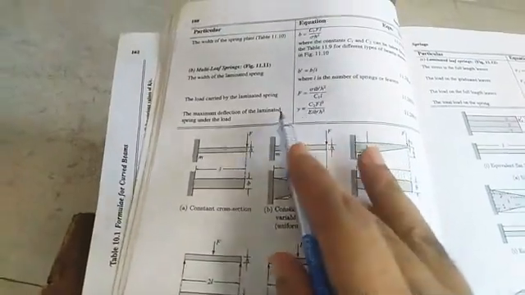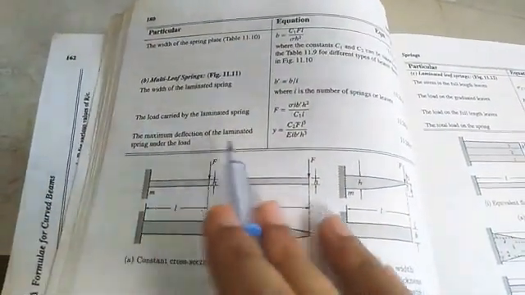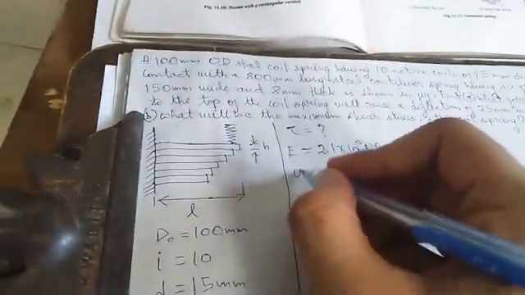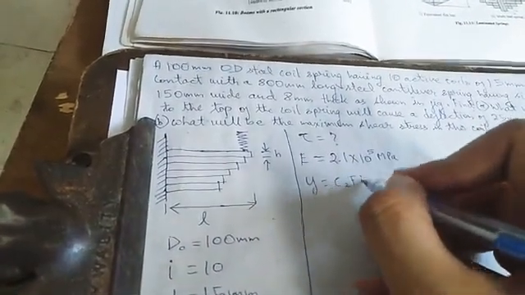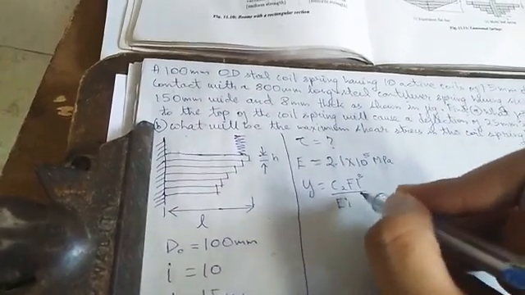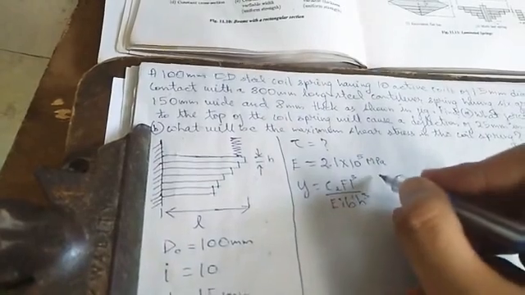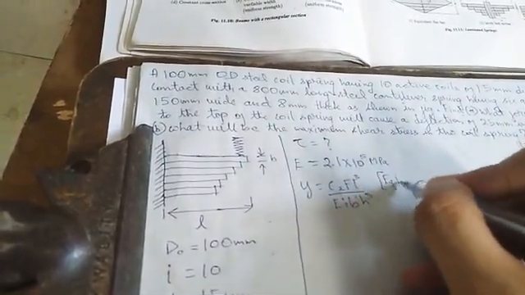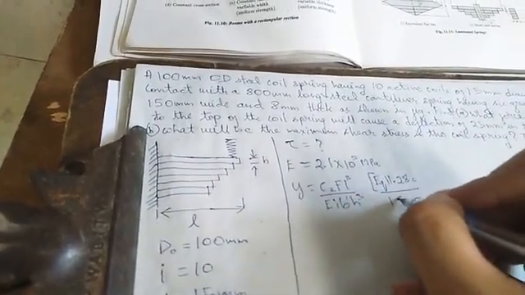We shall take the deflection for multiple leaf spring. We shall take the maximum deflection y is equal to C2 F l cube, this formula. This formula is from equation 11.28c, page number 180.